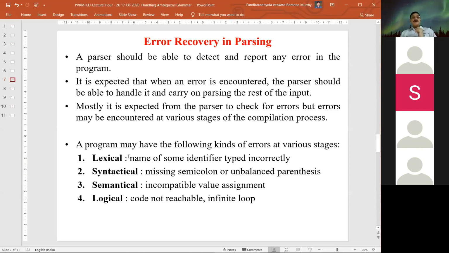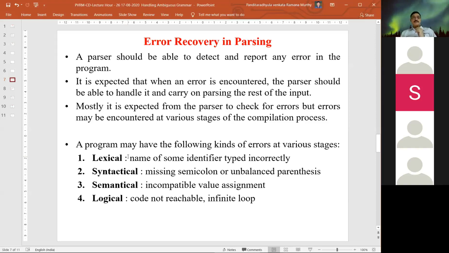Okay. What is the lexical analysis phase? What type of errors may we get? The meaning is the name of some identifier is typed incorrectly. In the lexical analysis phase, whatever token it is recognizing, the token may be a variable or a keyword, or the token itself is not properly created.